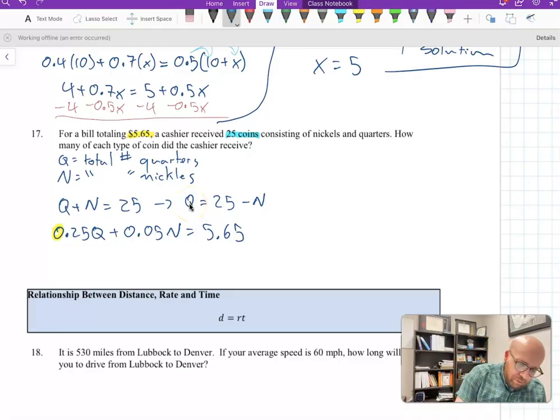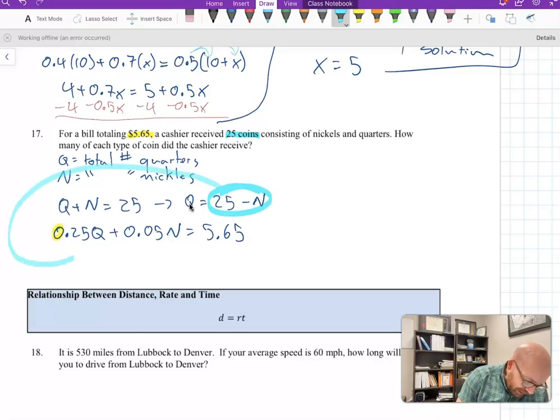And what we're going to do is take this expression for Q and plug it in for the Q in this equation. And look what happens when you do that.